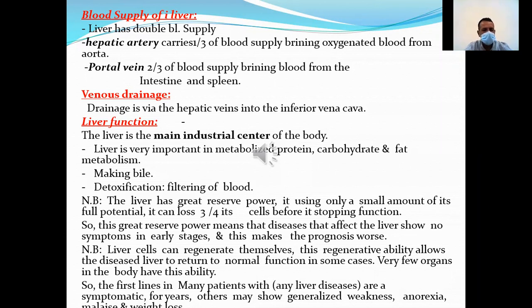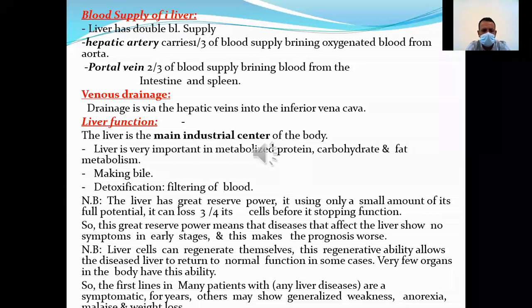The liver cells can regenerate themselves. الخصيصة الثانية اللي هي regeneration of the cells themselves. This regenerative ability allows the diseased liver to return to normal function in some cases.